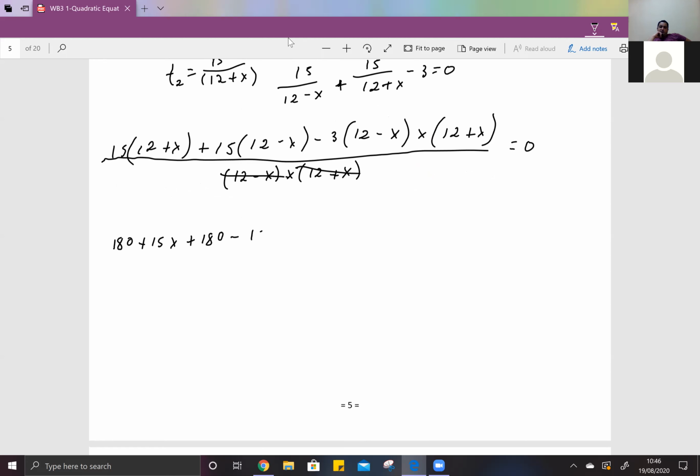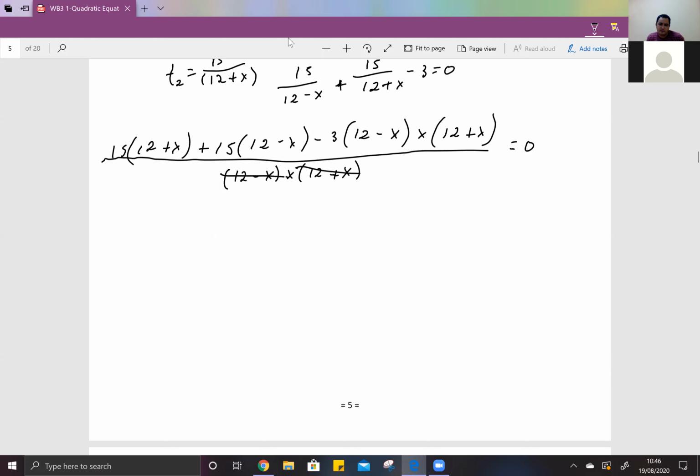Before expanding this, usually we need to simplify as much as possible. As you see here, we have 15 and 15 and 3. How did you eliminate that 12 minus X, 12 plus X? Because it equals 0. No, because you are multiplying both sides by 12 minus X times 12 plus X, right?